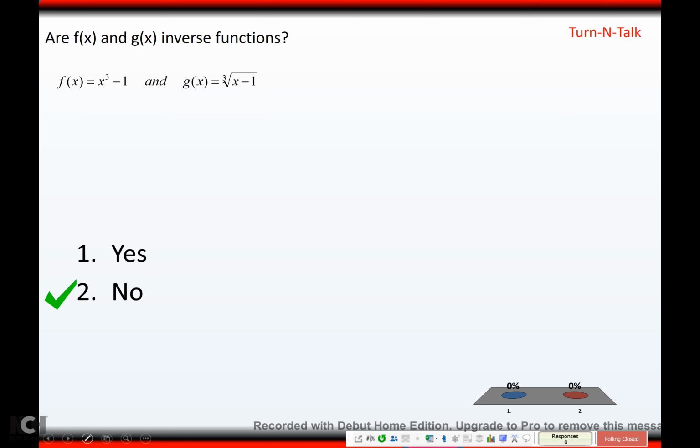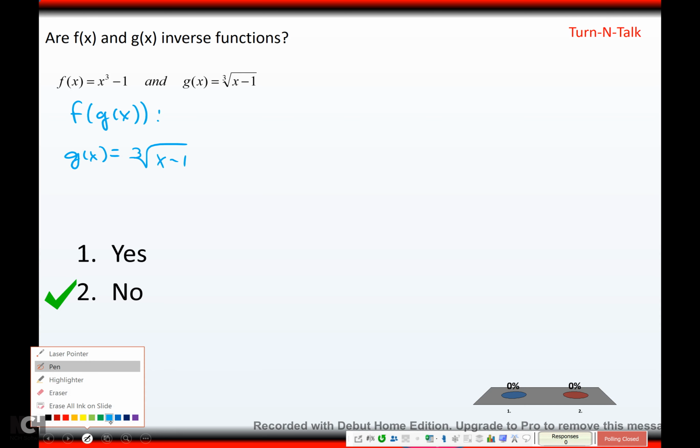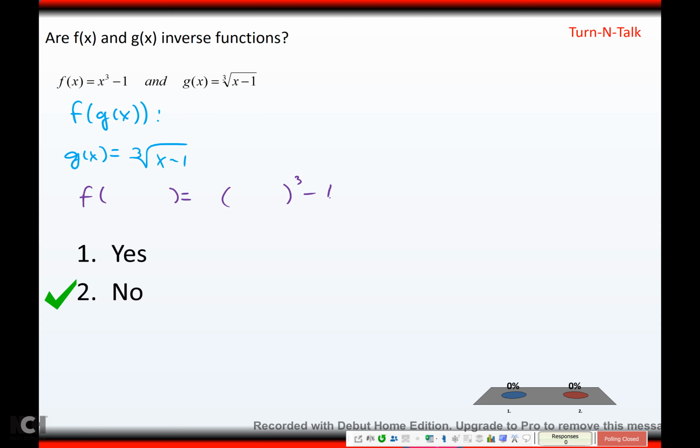No. All right, if I try this, f of g of x, I start with g, which is the cube root of x minus 1, and I take that to f. So if I go to f, it says cube whatever you brought and subtract 1.